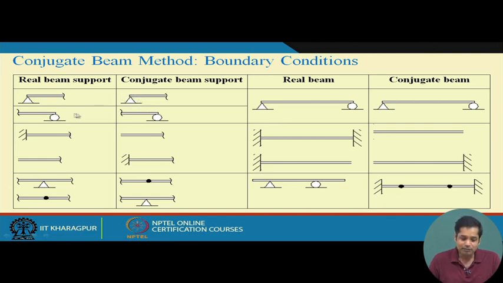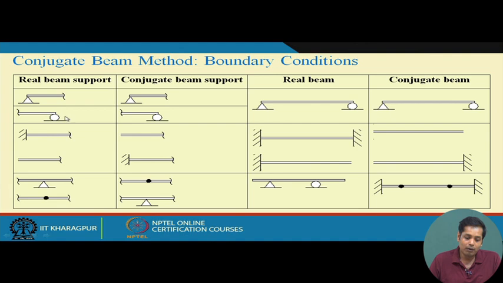Now similarly, suppose this is a roller support, and what do we have in the roller support? Deflection in the y direction is 0 here, and slope is non-zero.